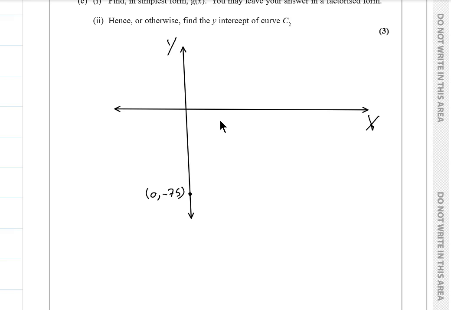Also, we have x-intercepts here, 3 over 4 and 0, and also we have 5 and 0, and then draw the curve. It will be like this, and make it rebound here because we have power 2 in this bracket.